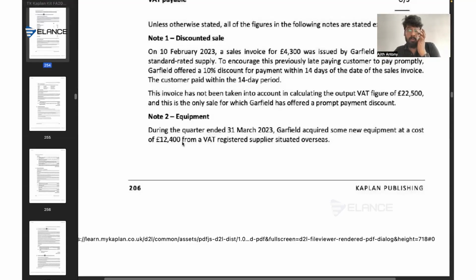I already told that at the time of purchasing any assets, if we are paying any amount at the time of purchasing, that amount is called input VAT. Actually here he's purchasing an asset, an equipment, and here there is an issue. He's purchasing the equipment from an overseas supplier, whose supplier is situated overseas.